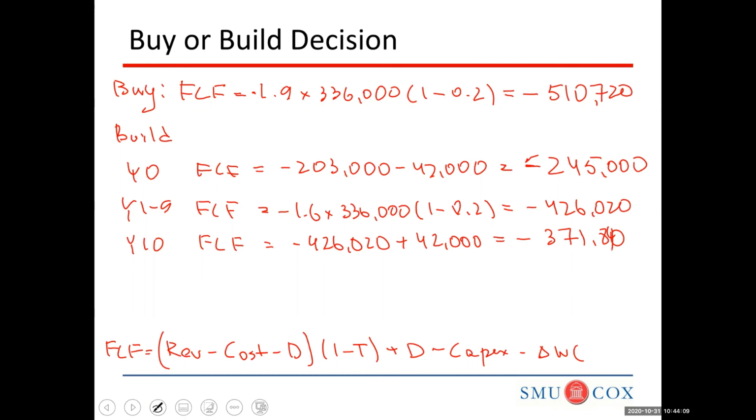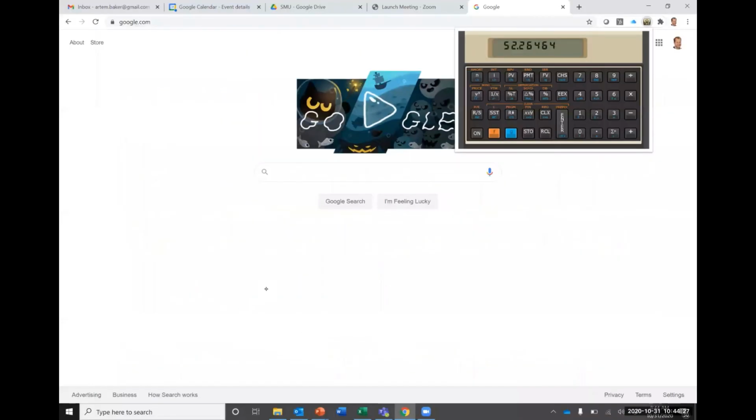And then what we need to do to compare them, so let's say NPV of buy is, let's plug these numbers in. So it was 510,720 negative. I'll make it a payment. I'll say 10 is the number of years.